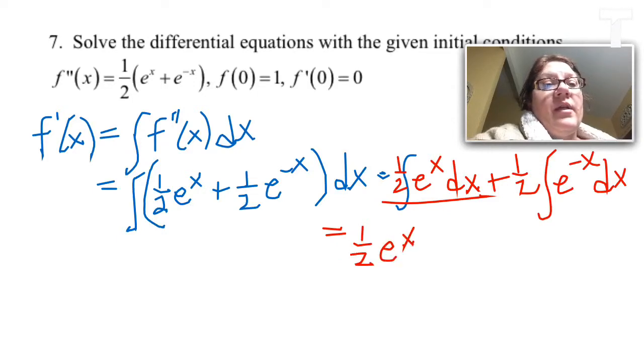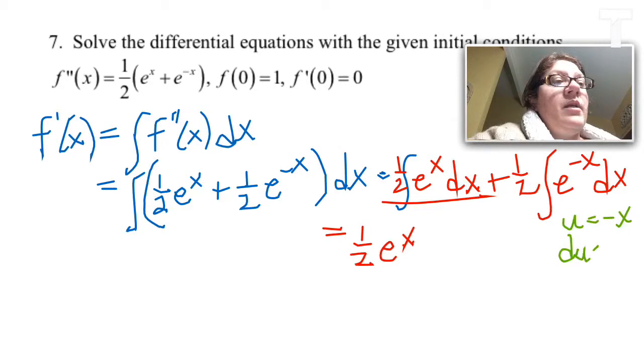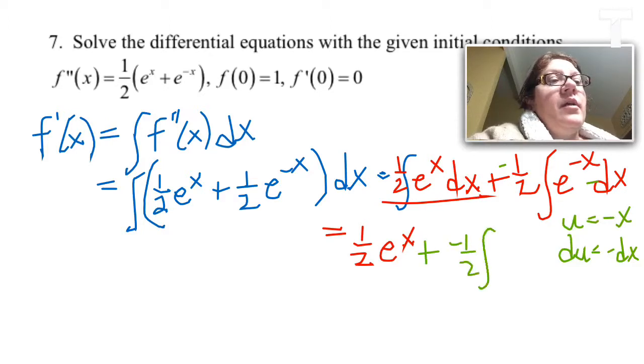But on this second piece, I'm going to have to let u equal negative x. So du will be negative dx, which means I'm going to have to slip him a little negative, and then I'll slip a little negative out in front. So I could have made that a minus. I now have e to the u du.